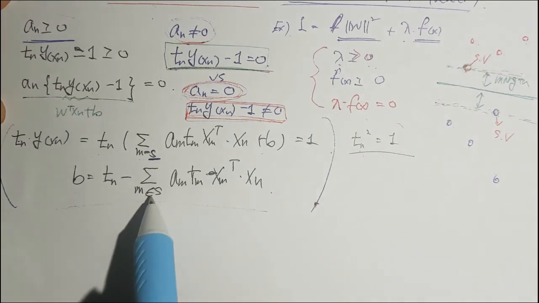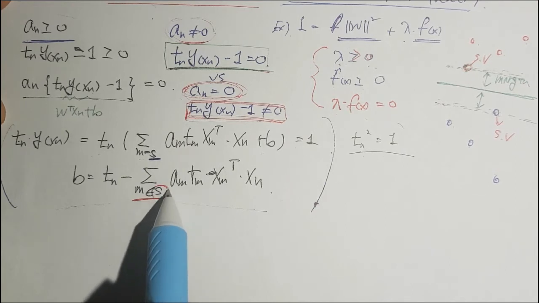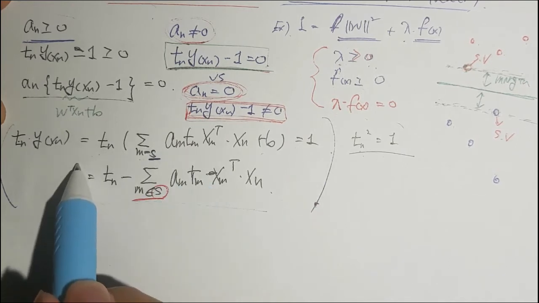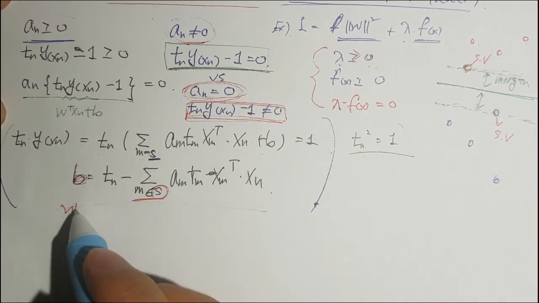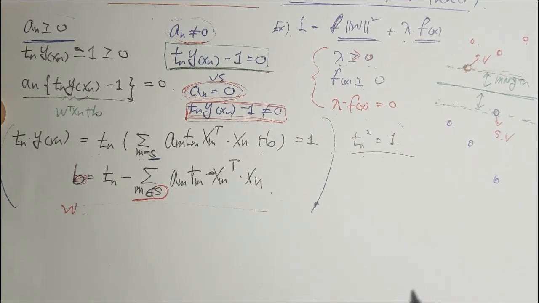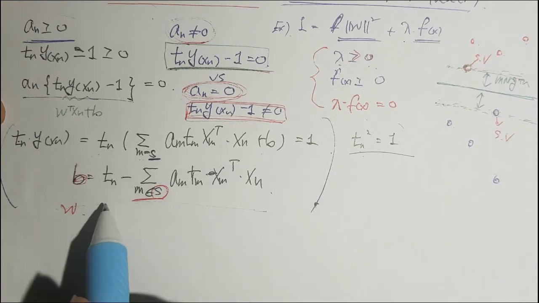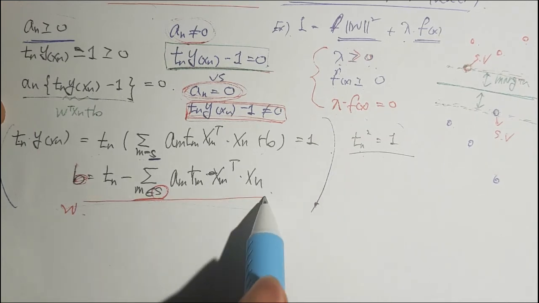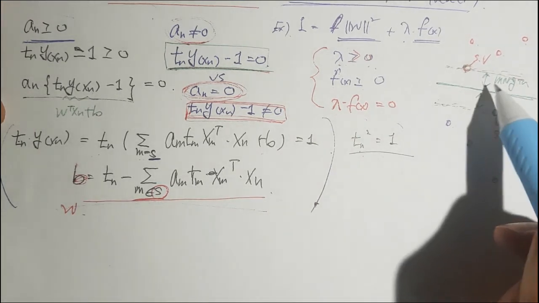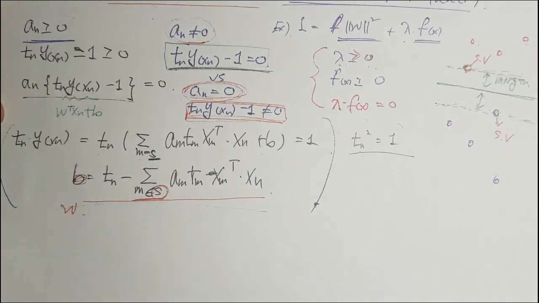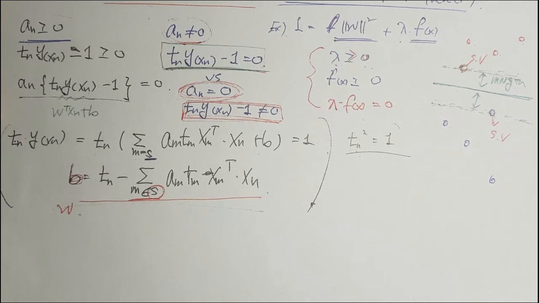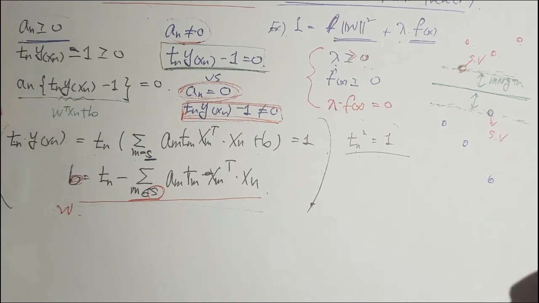Alright, so here we can just calculate with the points on the support vectors for calculating the hyperplane, like b or w later. Okay, so it is really computationally helpful because we just need to use and calculate these support vectors, which are really few points compared to the whole data points.